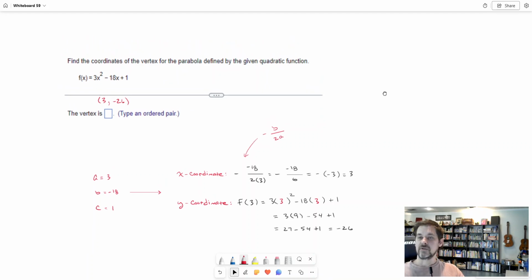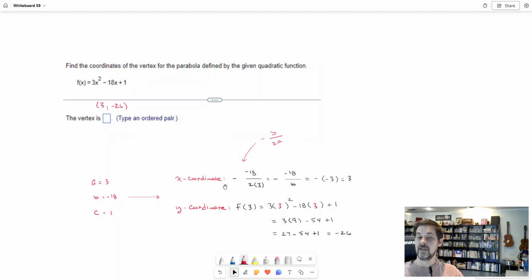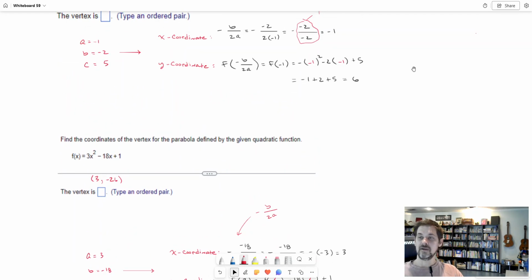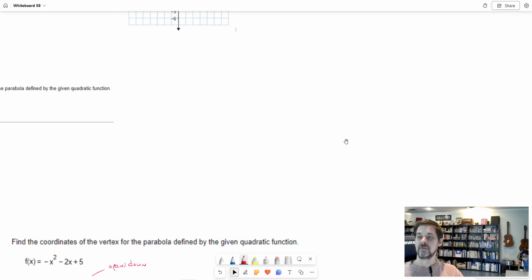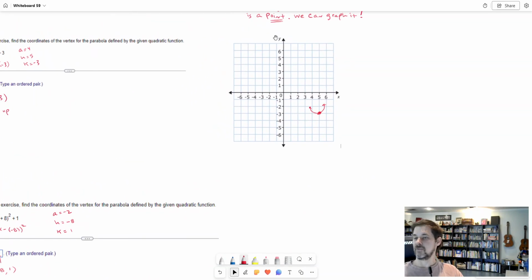All right. So now we've seen both equations that will come across in the class, and we know how to find the vertex of each kind according to these examples. From here, in the next video, we'll talk about how to graph the whole thing.